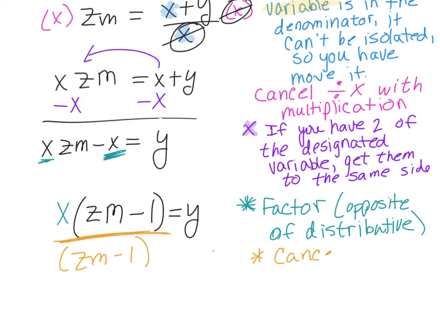So we're going to cancel out multiplying by 2m minus 1, and we're going to do that with division. And again, what we do to one side, we have to do to the other.